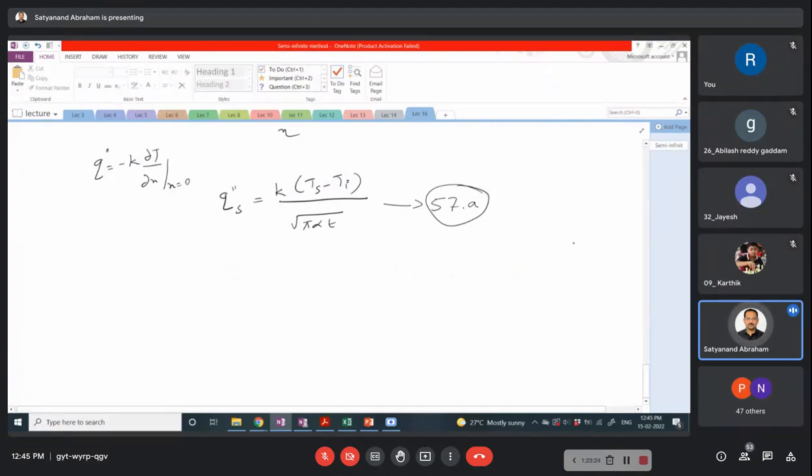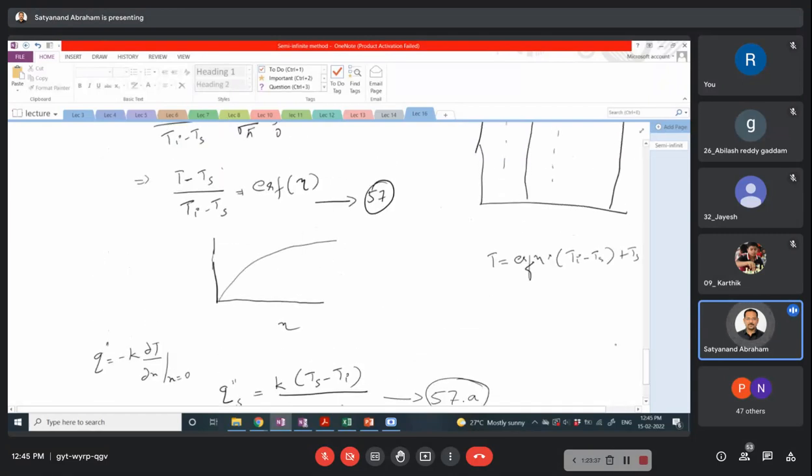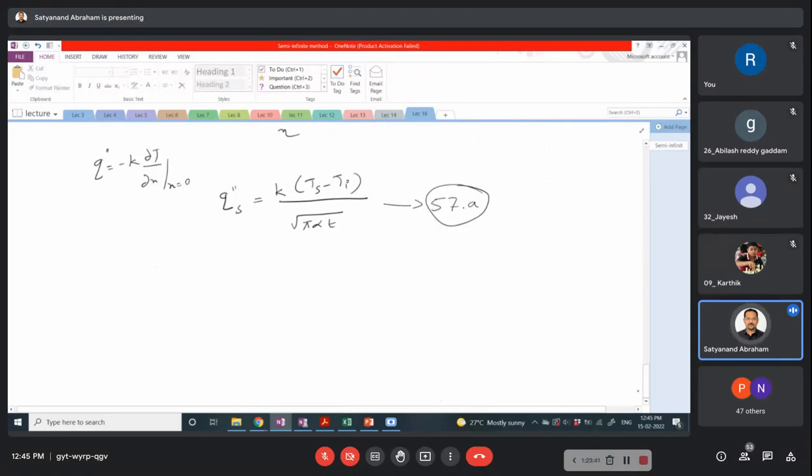It doesn't matter what the boundary conditions are. But since the boundary conditions are going to be different, the solutions are obviously going to be different. So we are just going to see one condition, which is the convective boundary condition.